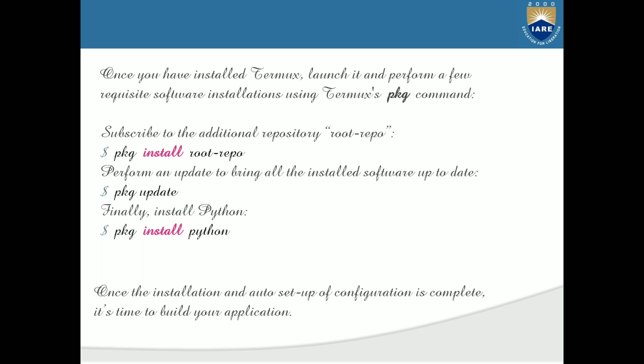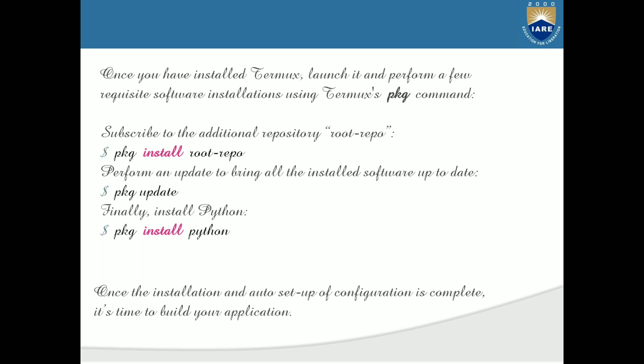Perform an update to bring all the installed software up to date. pkg update. Finally, install Python. You need to update the root repo in the Termux package command. Once the installation and auto setup of configuration is complete, it's time to build your application.